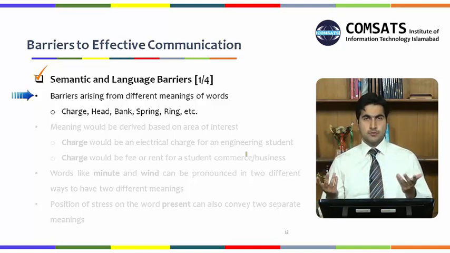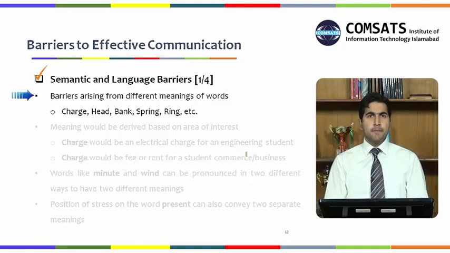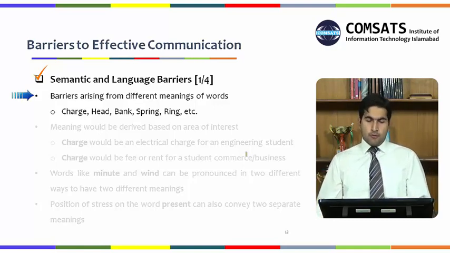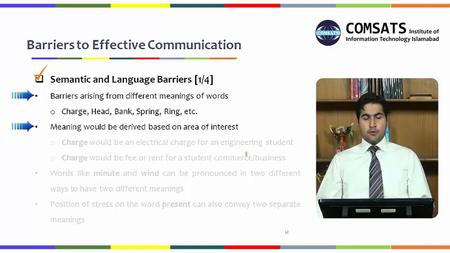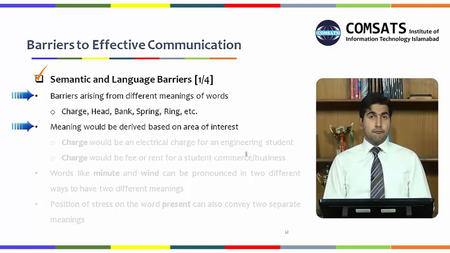I don't have it, but you know what that means. Basically, words have different meanings. If they are used according to a specific meaning, that is okay, but if your listener is unable to get which meaning you are conveying, that can become a barrier as well. For example, meaning would be derived based on the area of interest.